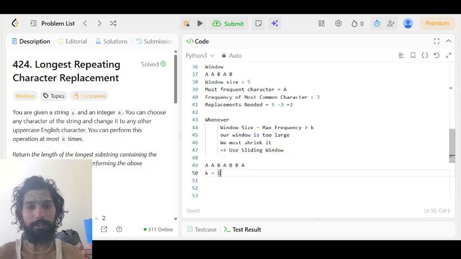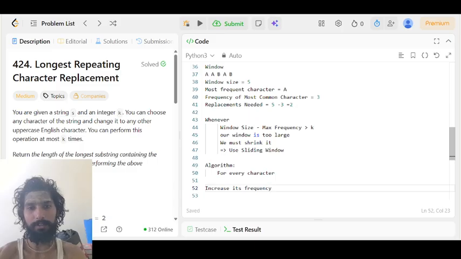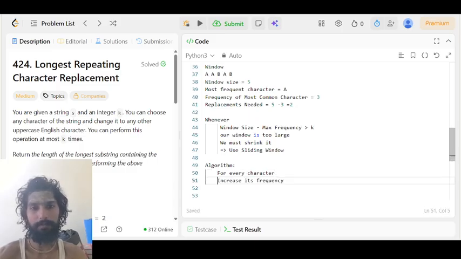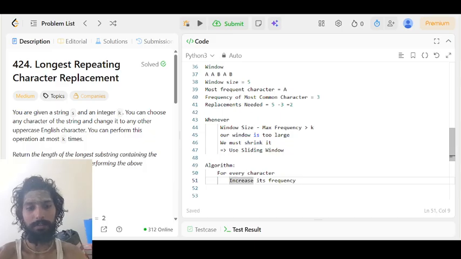So let's write the algorithm first. For every character, increase its frequency and update the maximum frequency.